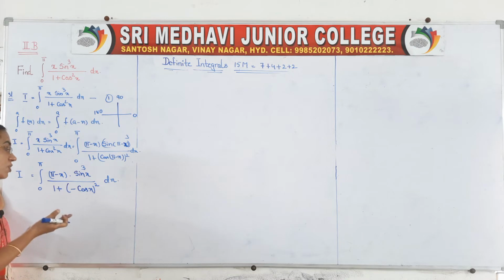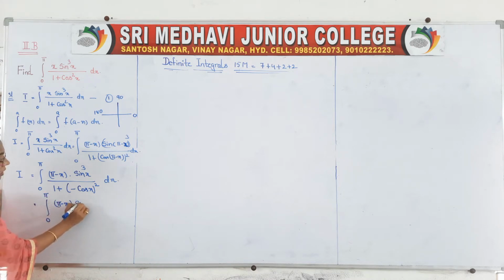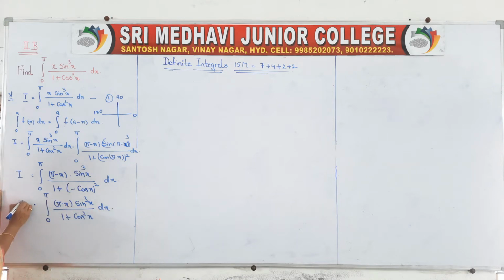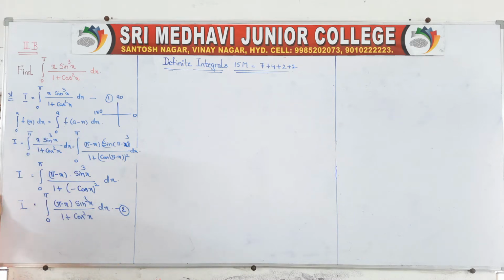What is the meaning of square? Multiplying 2 times, minus into minus is plus. So I is equal to 0 to pi, pi minus x into sin cube x by 1 plus cos square x into dx. This is your I, okay. You consider this as your second equation.